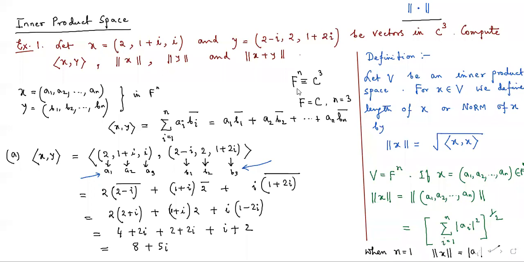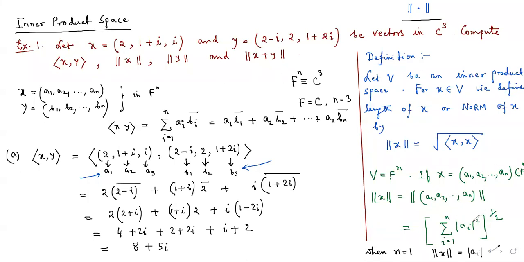Now, for the vector space Fn, which is the set of all ordered n tuples, the vector X looks like having small n number of components, a1, a2, an. For this type of vector, the norm is calculated as follows. We consider the components individually.